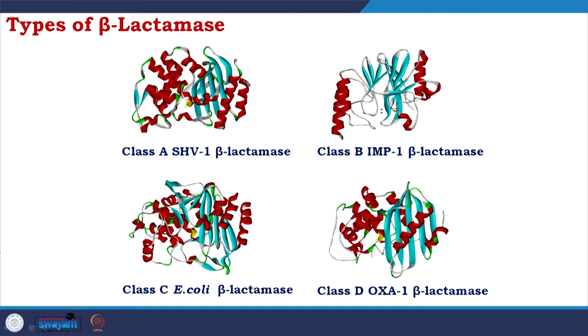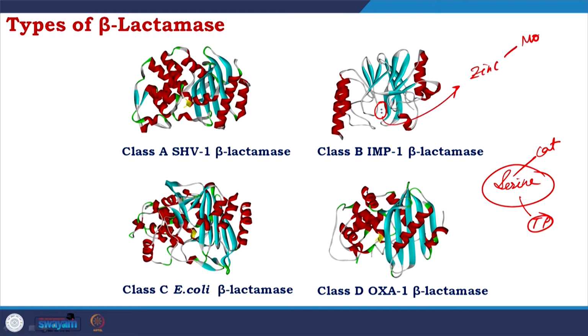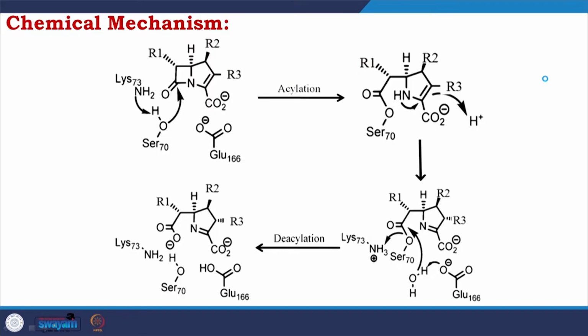Classes A, C and D work through the serine residue as the catalytic residue, as I talked about in transpeptidase, whereas in class B these two dots are zinc. So, they have monozinc and dizinc, one zinc or two zincs.